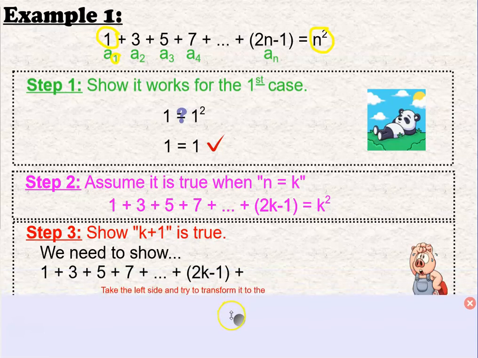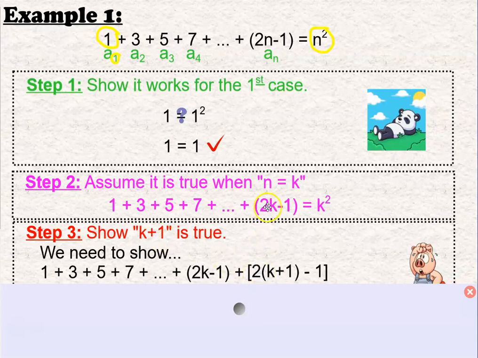What we need to show is that if I put in 1 plus 3 plus 5 plus 7 plus ... plus 2k minus 1 right here, and I add one extra term, the k plus 1 term, which would look like this, 2 times k plus 1 minus 1. That would be my k plus 1th term. This is my kth term. This is my k plus 1th term. I've got to show that that's going to equal k plus 1 squared.